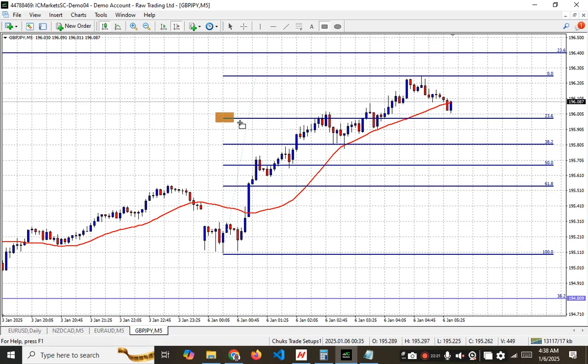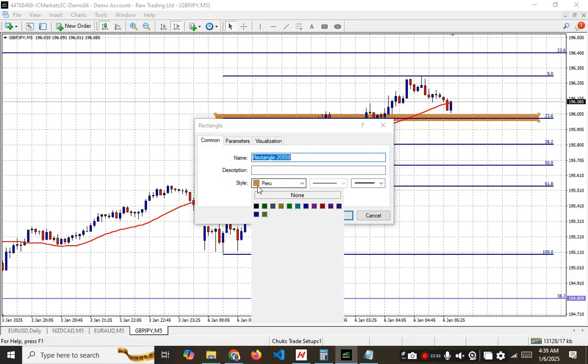So remember, what we're looking at here is this zone, okay? We're looking at that zone.